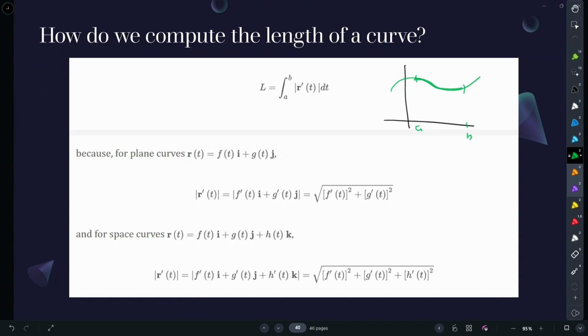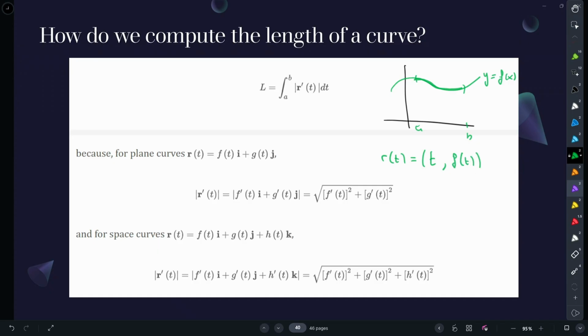Then I can write that as a vector-valued function in 2 dimensions. This would be r of t, where x would be just t, and then y, so if this was y equals f of x, then y is f of t.